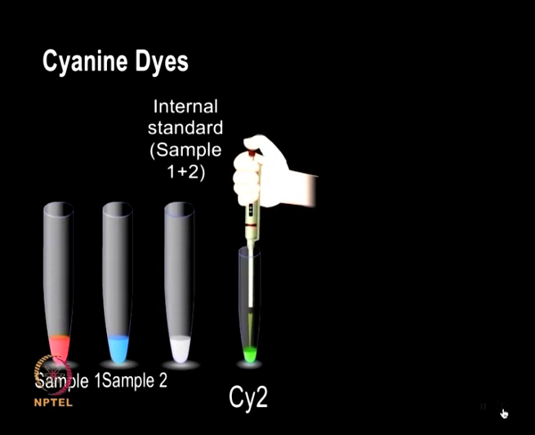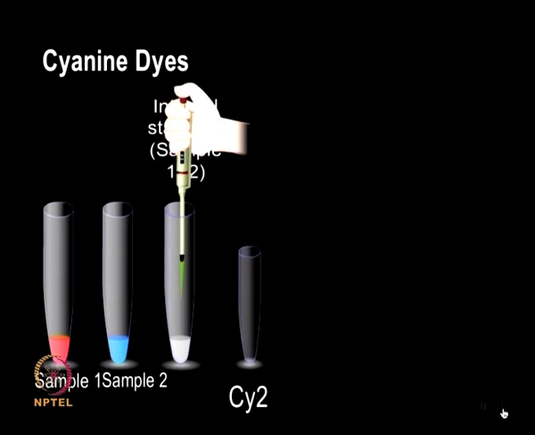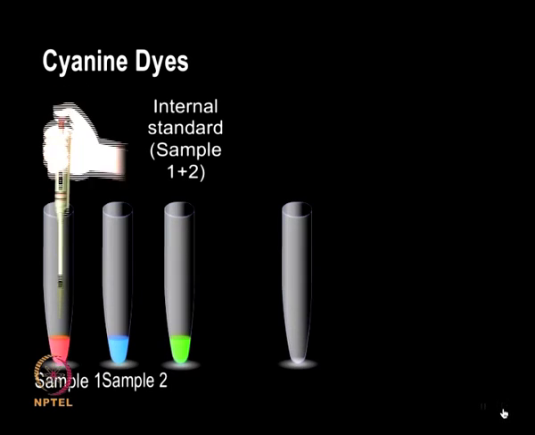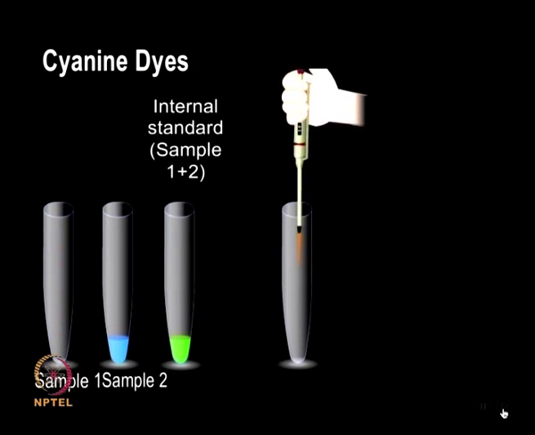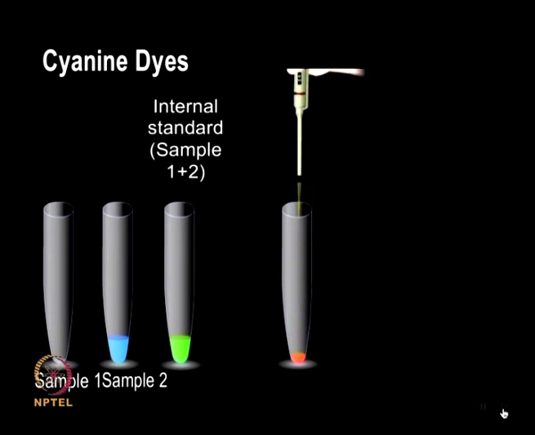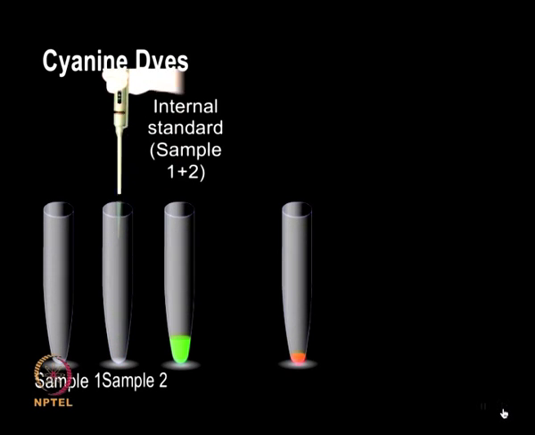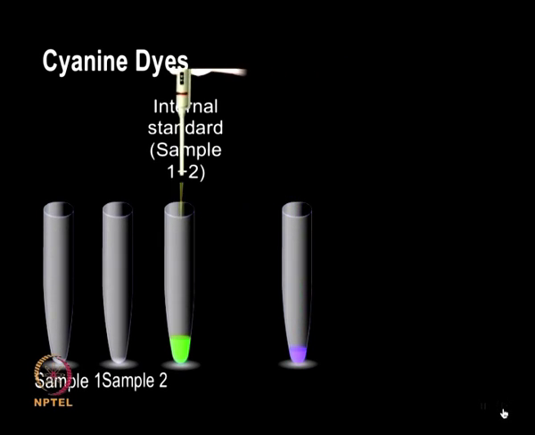Now, an internal pool made from both sample 1 and 2 is labeled with a third dye, which is Cy2 dye. Each protein sample as well as the standard internal pool is labeled with a differently fluorescing cyanine dye, which allows all the protein samples to be simultaneously run on a single 2D gel.